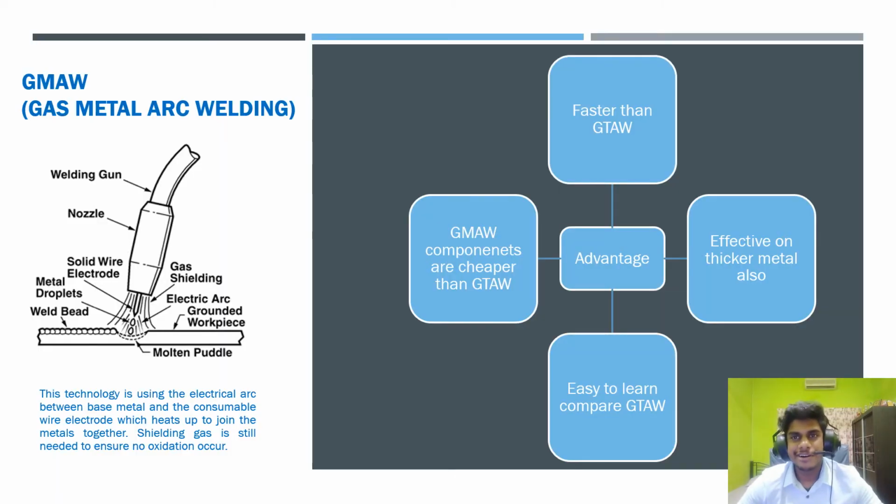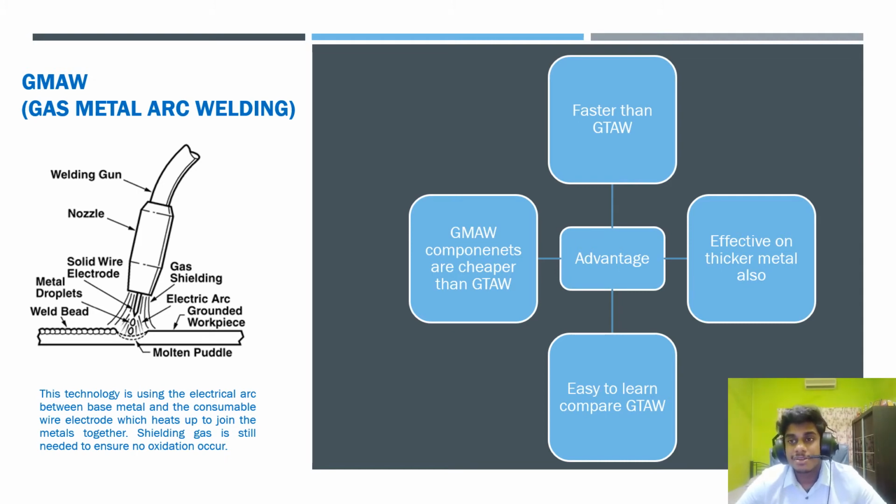Before we talk about the defect, I would like to give an explanation of the technology in this welding, specifically gas metal arc welding. So we understand this technology uses an electrical arc between the base metal and the consumable wire electrode, which heats up to join the metals together, and the shielding gas is there to ensure there's no oxidation. However, the question is, why do we need to use this over gas tungsten arc welding?